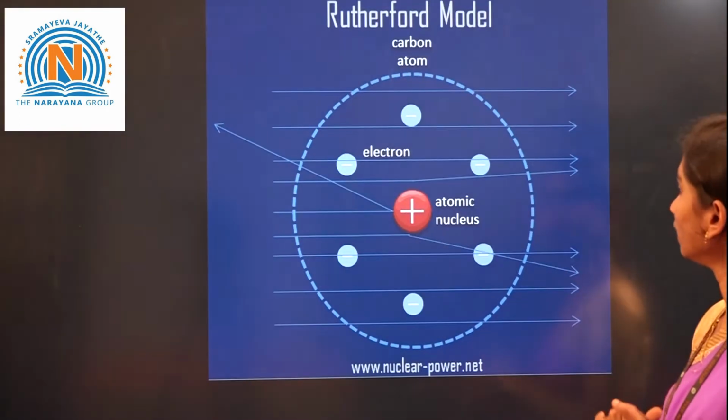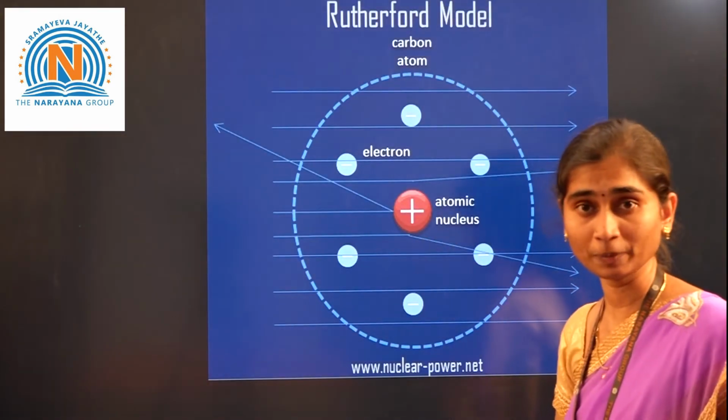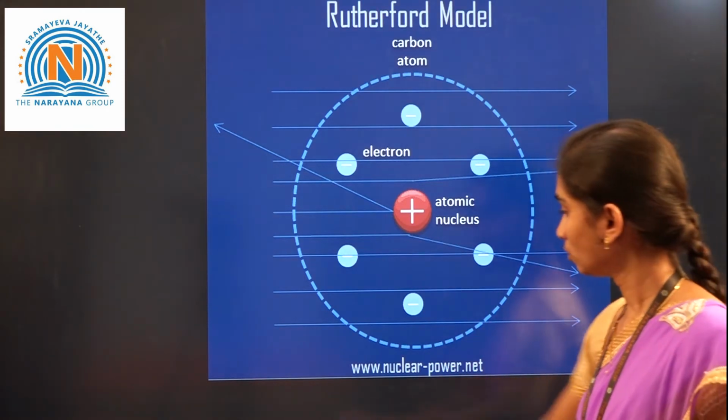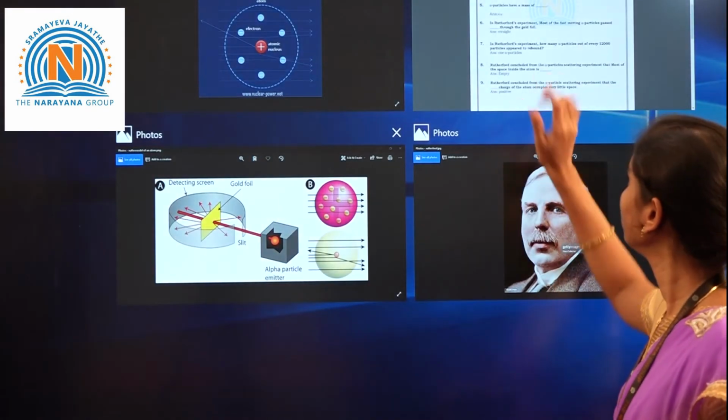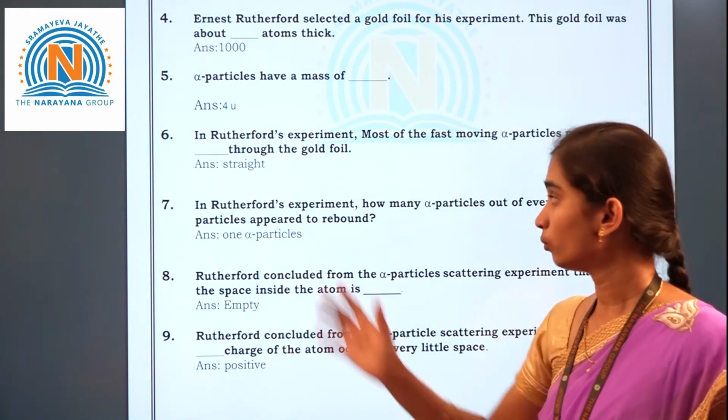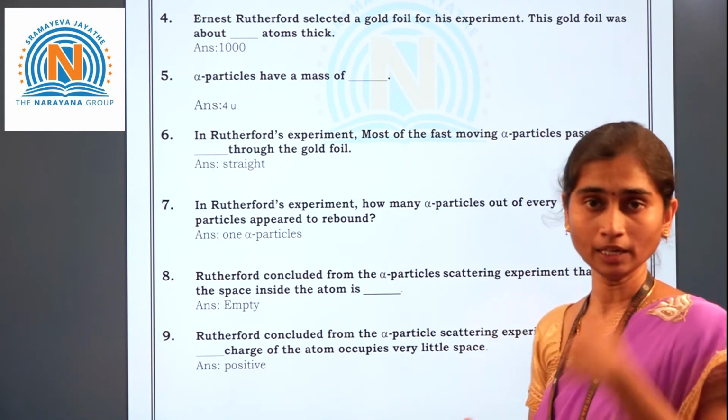Observe in this picture, it is in the 180-degree direction. So our answer: one alpha particle out of 12,000 is going to rebound.